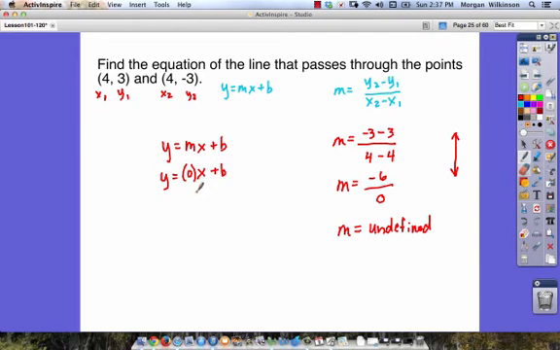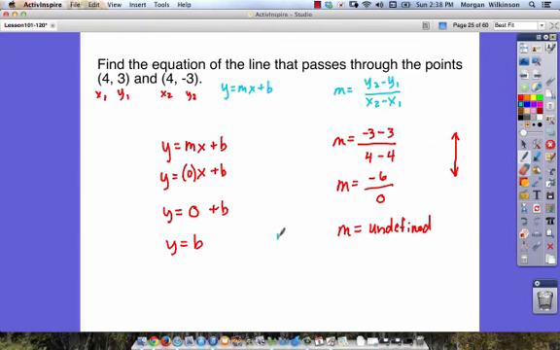And we know that 0 times x is 0, so y = 0 + b. Y equals b. Well, what is y? If x1 is 4 and y1 is 3, x2 is 4 and y2 is -3, well, what must our value of our equation be? Where does this always go through on our y-axis?